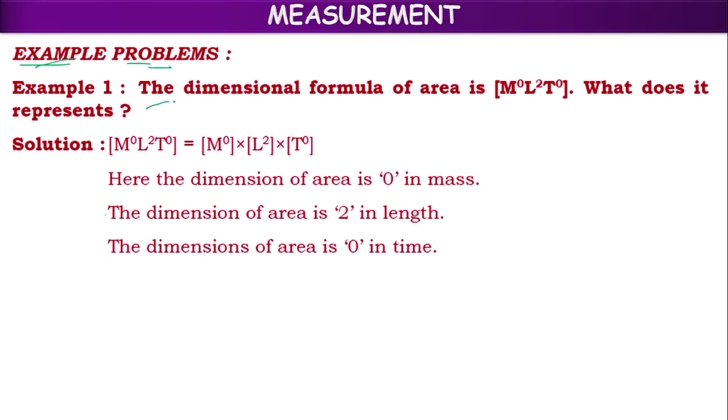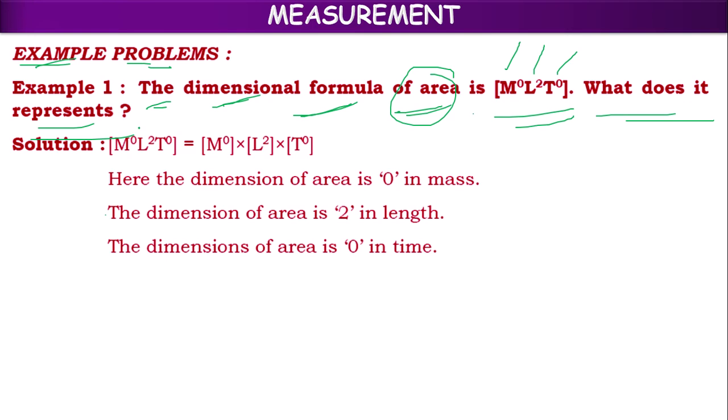So the dimensional formula of area is M0 L2 T0. What does it represent? It can be written separately as M, L and T in separate square brackets.